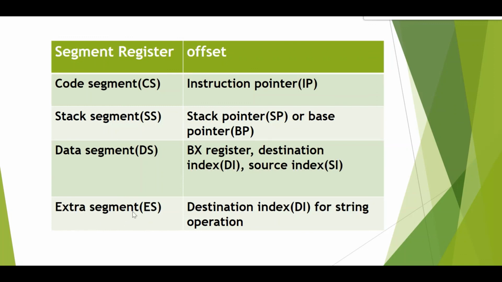The starting address of the extra segment is stored in the extra segment register, and the offset is stored in the destination index for string operations. So this is all about the registers which we use in the 8086 microprocessor.